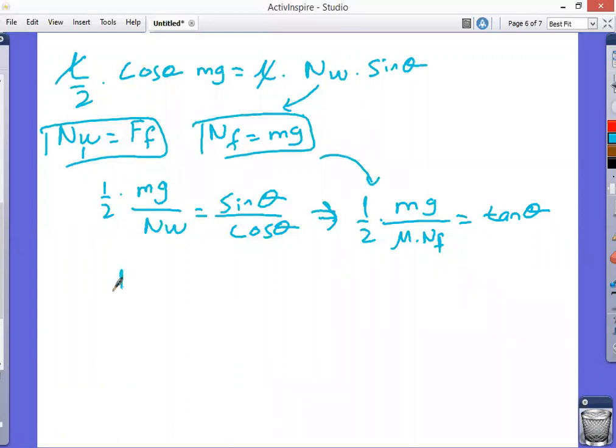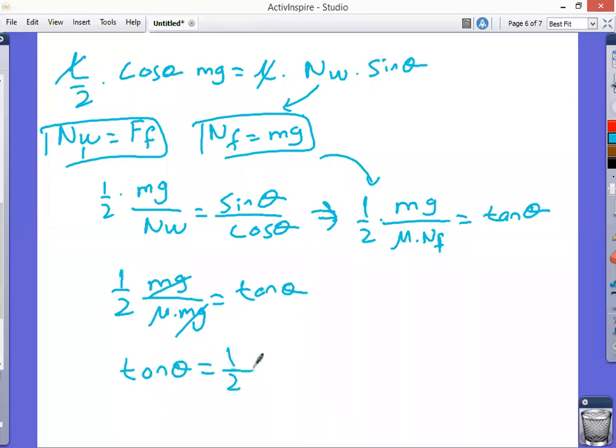The equation turns into 1 over 2 mg over mu times mg equals tangent theta. So mg simplifies. We know that our mu is given as 0.5, right? So tangent theta equals 1 over 2 times 1 over 0.5. When you multiply these two, it's going to be 1. So tangent theta is going to be 1.